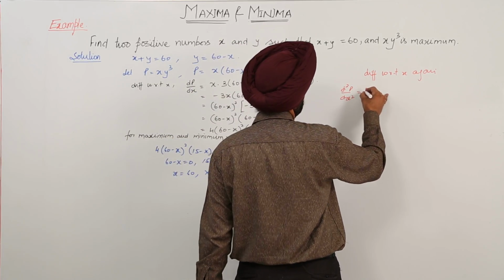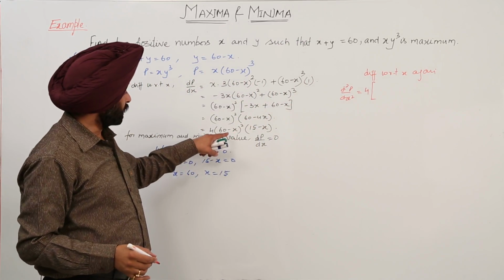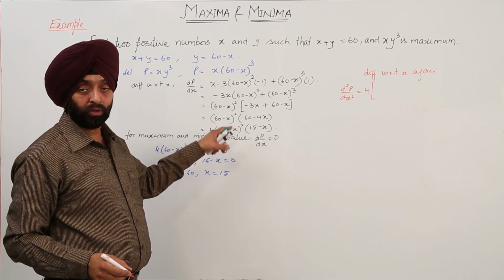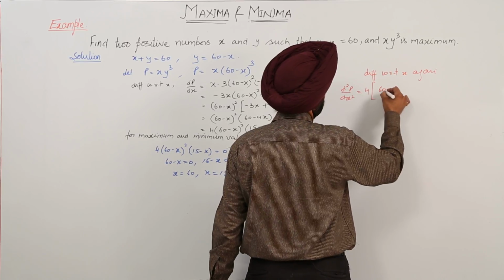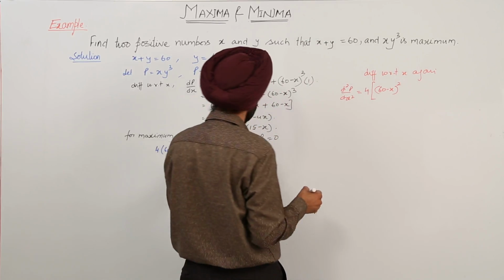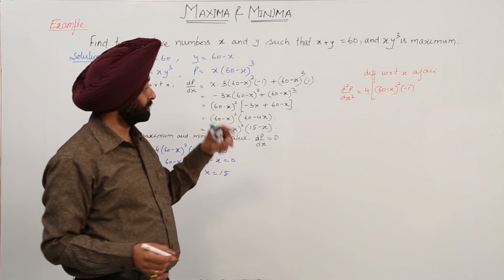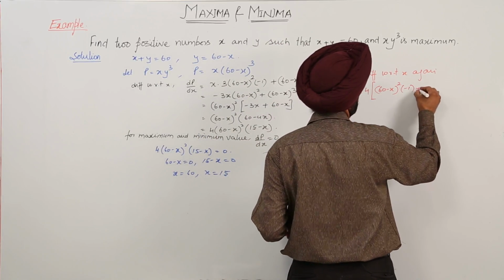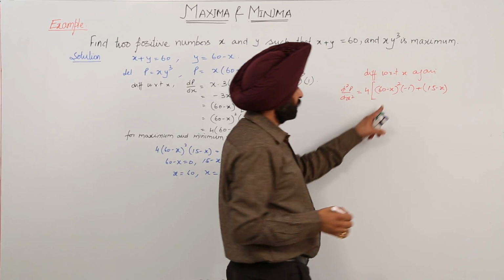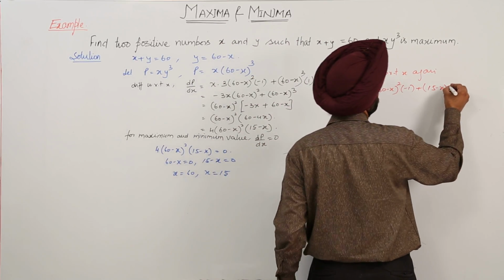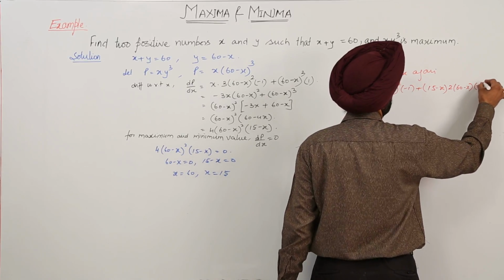So we are having now 4, taking this outside as a constant term. Now first function and then second function, u or v. So (60 minus x) whole square as it is, with derivative for 15 minus x, that is minus 1, plus 15 minus x as it is and derivative of (60 minus x) whole square. So it becomes 60 minus x with minus 1.